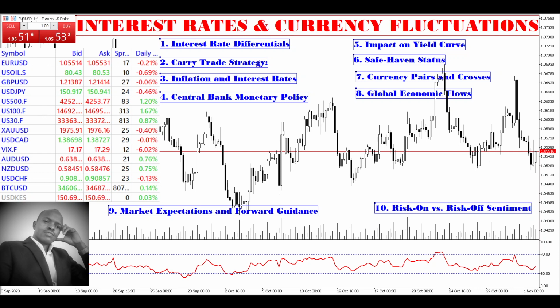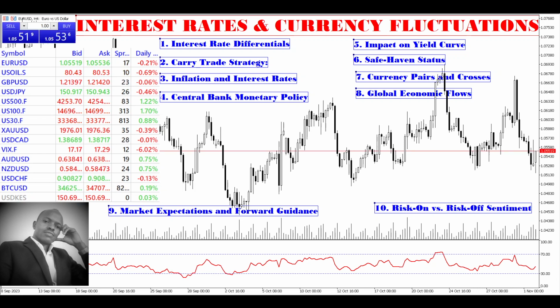The other impact is the impact of interest rates on currency pairs and crosses. Typically, interest rates don't just affect a single currency. In essence, what we mean is that they will not just affect the US dollar, but they also influence currency pairs.